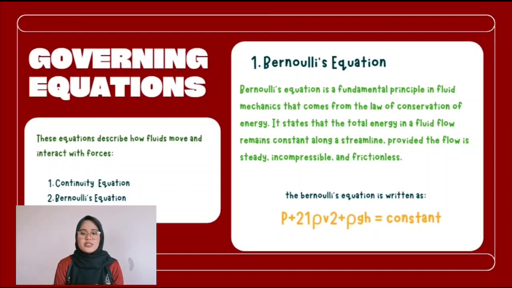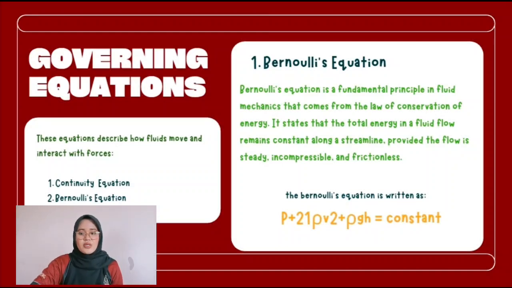What is the Bernoulli equation? The Bernoulli equation is a fundamental principle in fluid mechanics that comes from the law of conservation of energy. It states that the total energy in the fluid flow remains constant along a streamline, provided the flow is steady, incompressible, and frictionless.